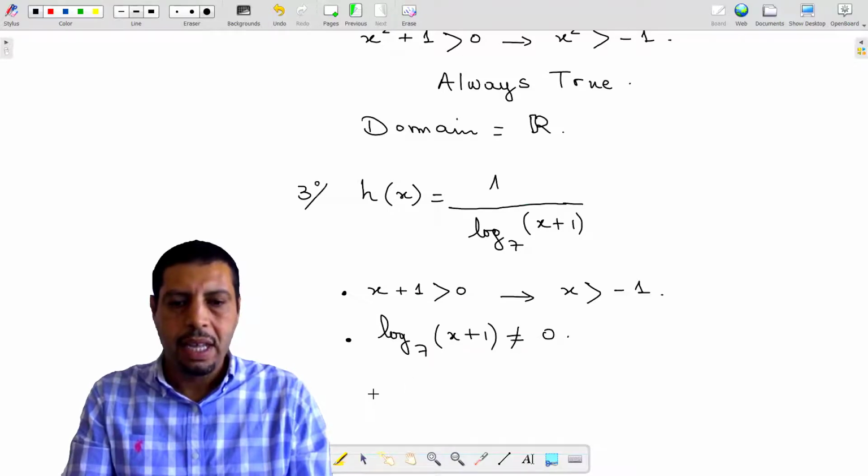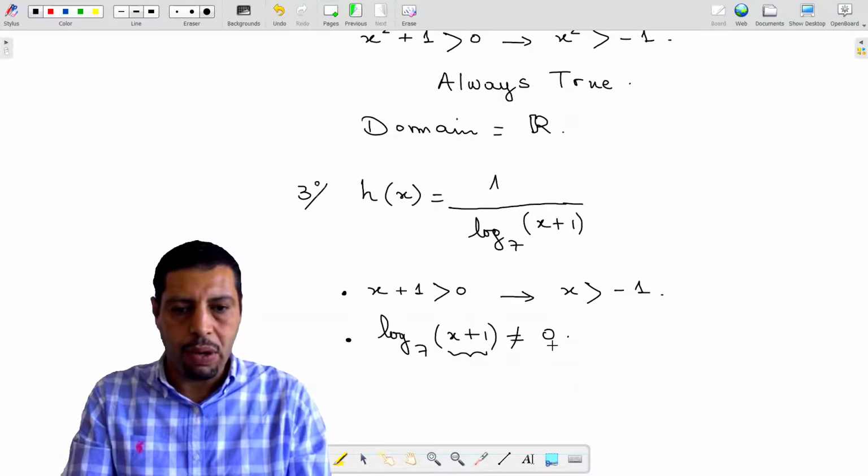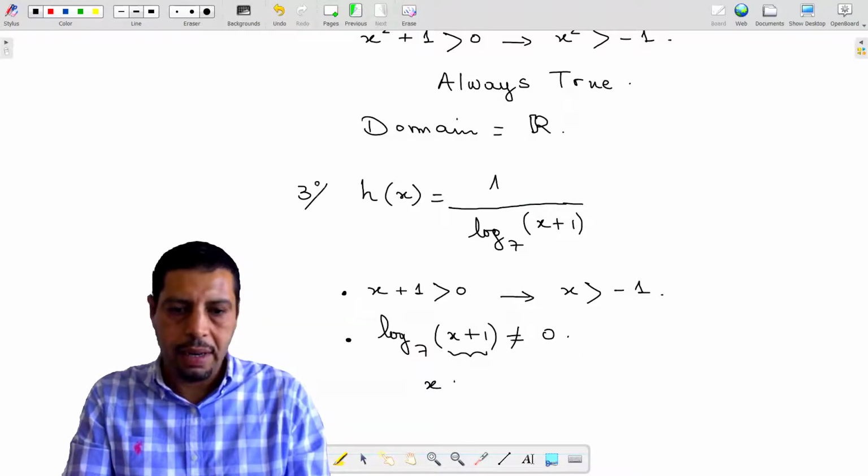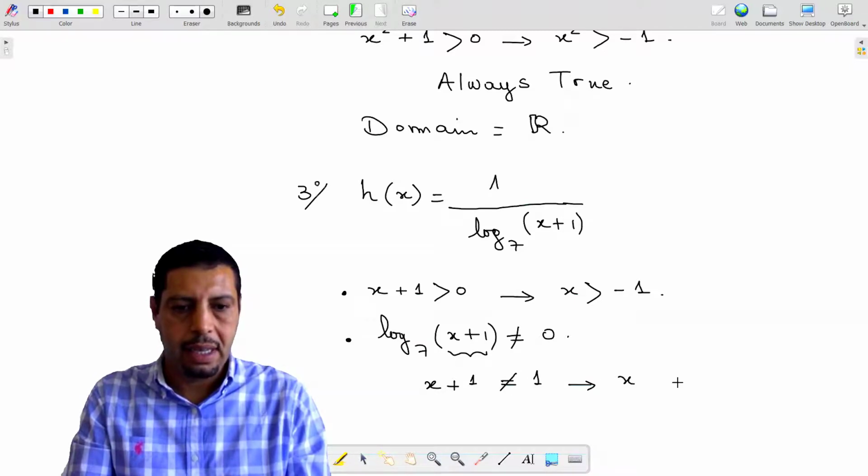You have to know that the only input which gives 0 for logarithmic functions is the number 1. So this quantity must be not equal to 1, because if you plug in 1, you will find 0. So the solution of log 7 of x plus 1 not equal to 0 is x plus 1 not equal to 1. And it gives x not equal to 0.